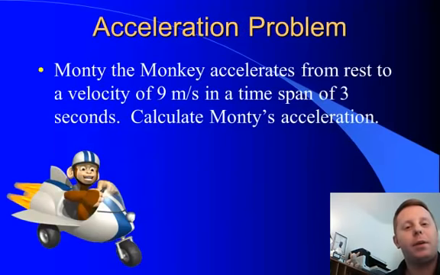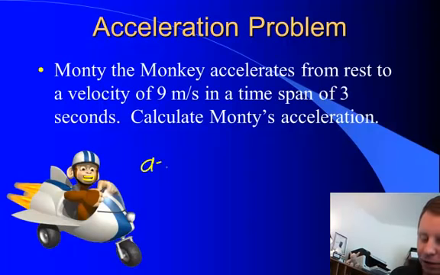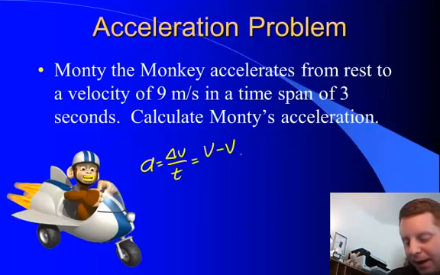Let's look at one last problem. If Monty the monkey accelerates, it's a smiley monkey, Monty the monkey accelerates from rest to a velocity of 9 meters per second in a time span of 3 seconds. Calculate Monty's acceleration. Well, acceleration is delta v over t. Delta anything is its final value minus its initial value divided by the time.